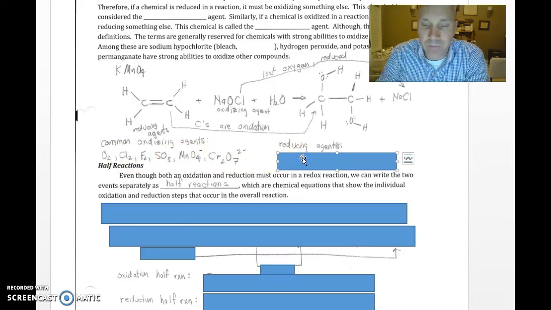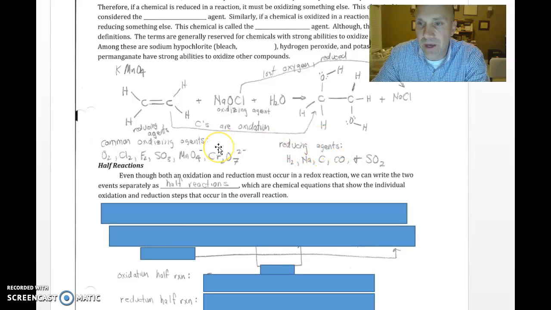All right. Reducing agents aren't nearly as well known, and one of the reasons that they're not as well known is if you think about what types of processes we would likely see here on Earth. Well, we live in an atmosphere that's got a lot of oxygen in it.